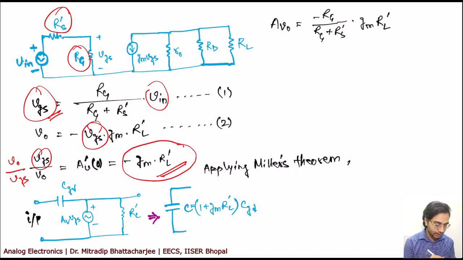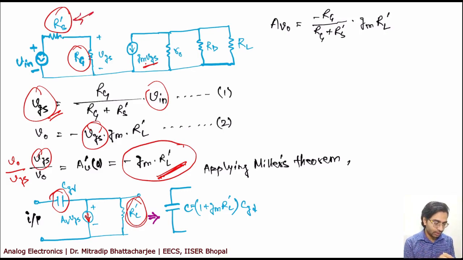Similarly here, this is your CGD and this is the source connected to it, which is AV VGS. You can consider it a current source, and you have RL dash over here, right? So your CGD in the input side will be 1 plus GM RL dash, which is the gain, into CGD.